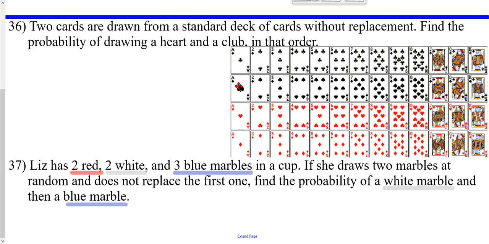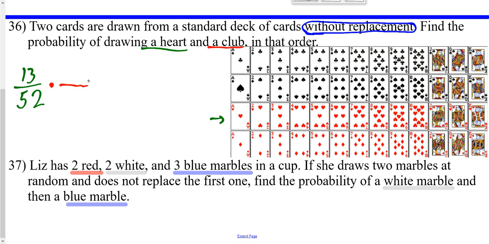Now here we're asked to draw 2 cards without replacement, so that's going to be key. So we need to have a heart. Well, if you look at the hearts here, there's 13 hearts out of the 52. Then we're going ahead and getting a club. Well, there's 13 clubs.